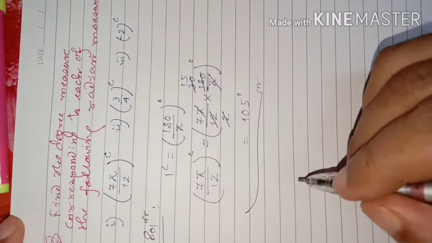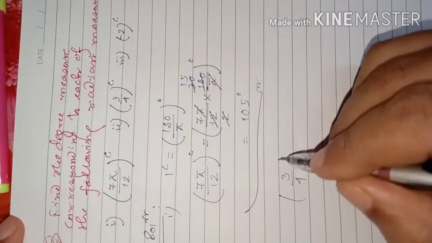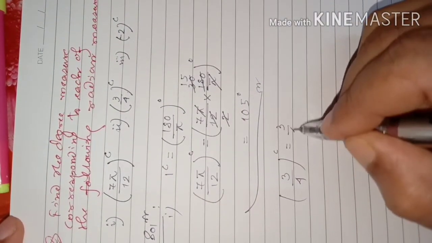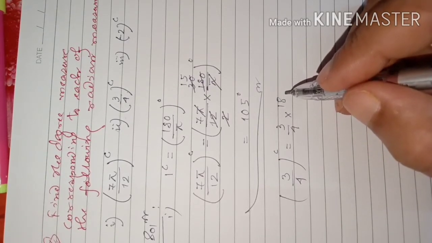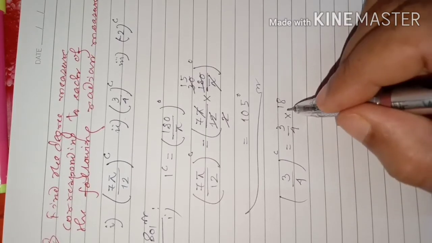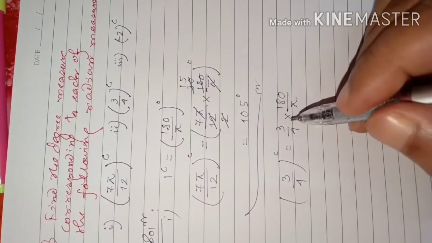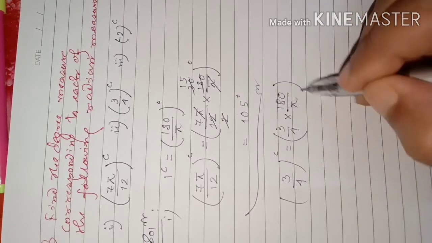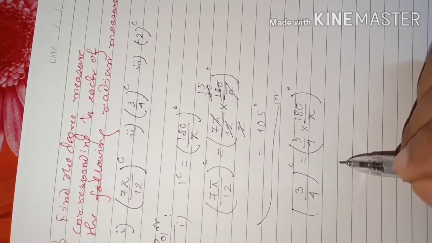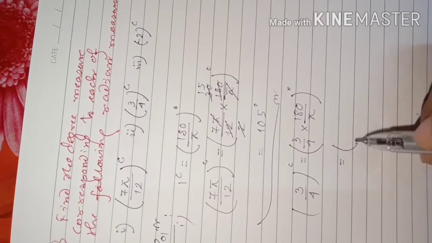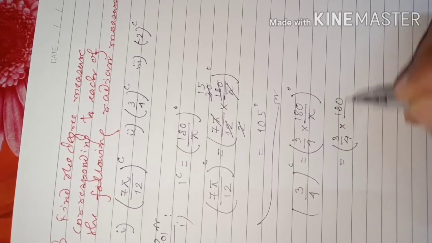Next, 3 by 4. This is the next question: 3 by 4 radian. Multiply 3 by 4 by 180 by pi degree. After multiplying by 180 by pi, to remove pi, let us put the value of pi, which is 22 by 7.